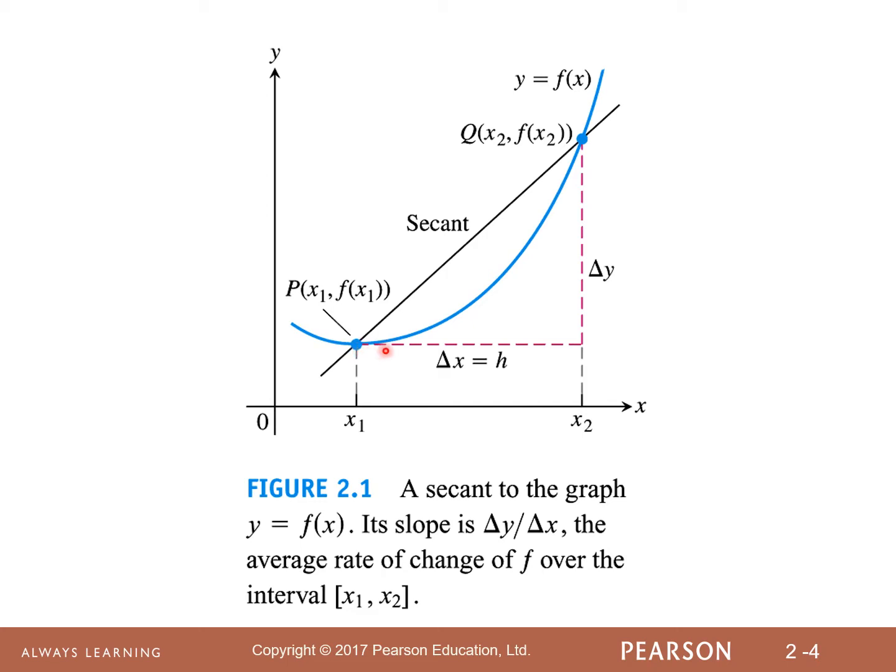Okay? So now, this is basically the tangent of this angle, right? Delta y divided by delta x, or delta y divided by h, is the value of the tangent to this angle, right? And it's also the slope of the secant, the slope of this line, okay?